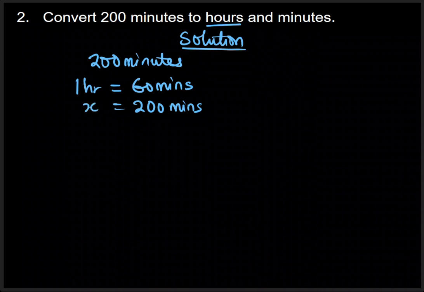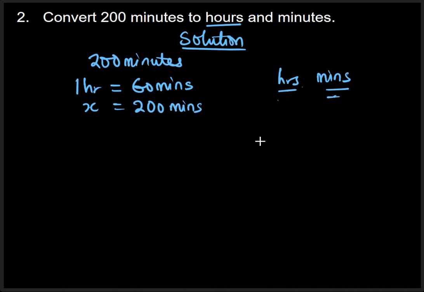Now, the easiest way to do this: we have 2 units, and we have to put it in hours and minutes. So what we need to ask ourselves is, which one are we being given? Because hours is bigger than minutes. So which one are we being given? We are given the smaller one, which is minutes.